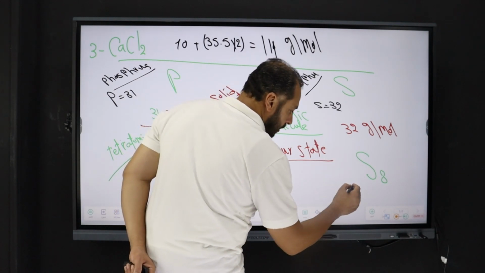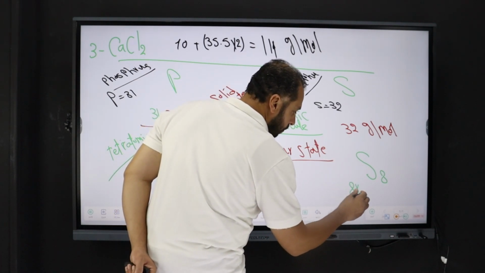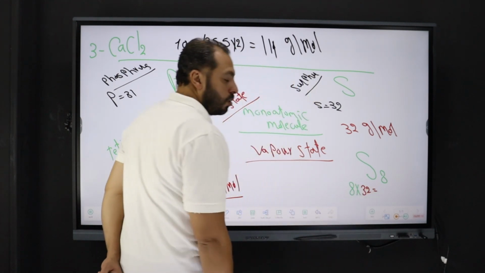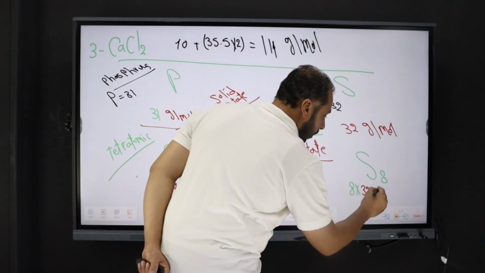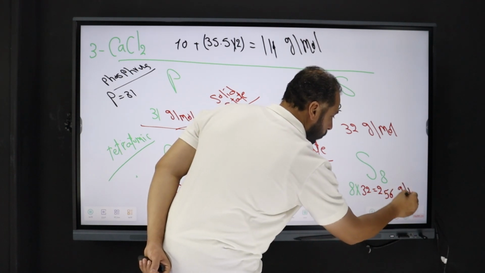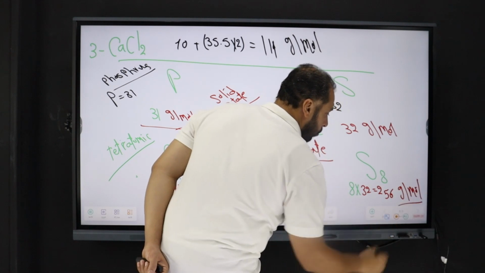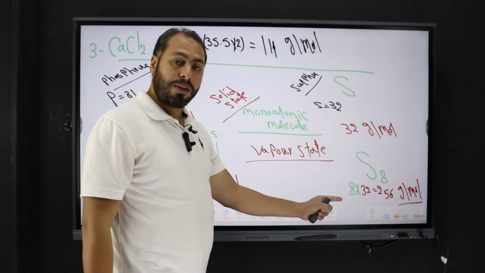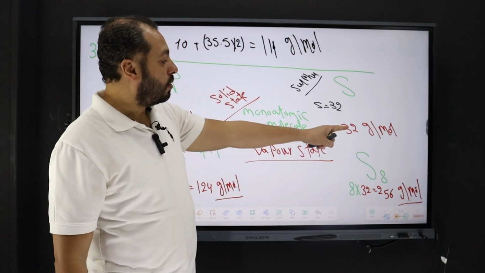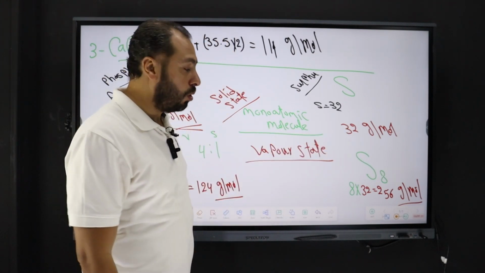So the molar mass equals 8 times 32. So the result is 256 gram per mole. So the molar mass of sulfur in vapor state equals 256 gram per mole, but in solid state equals 32 gram per mole.